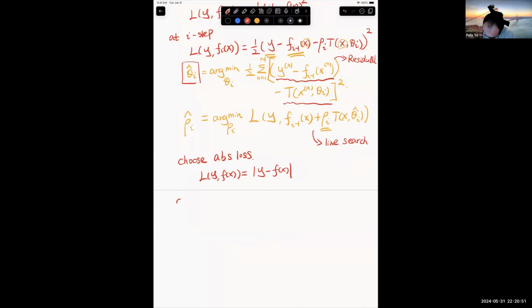So we should generically use the negative gradient of the loss function with respect to the model.